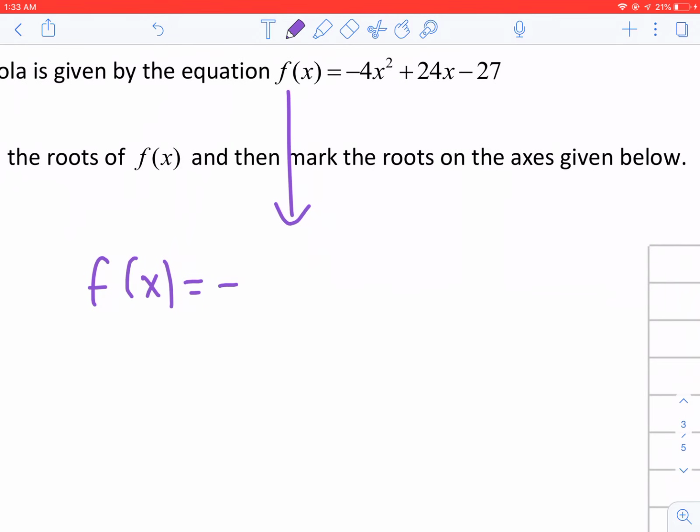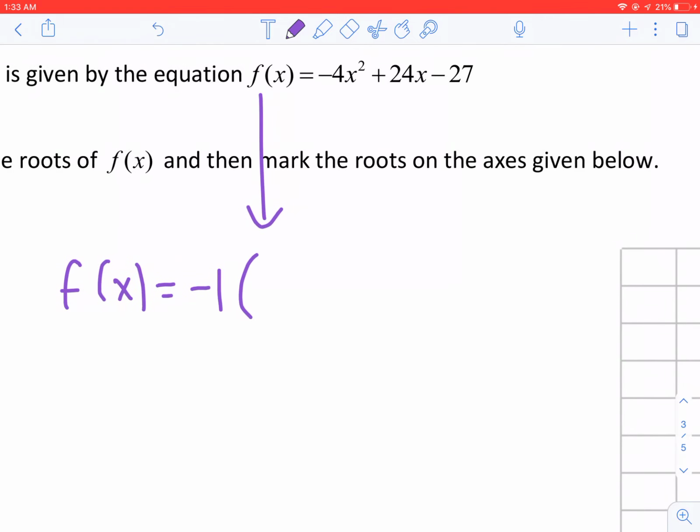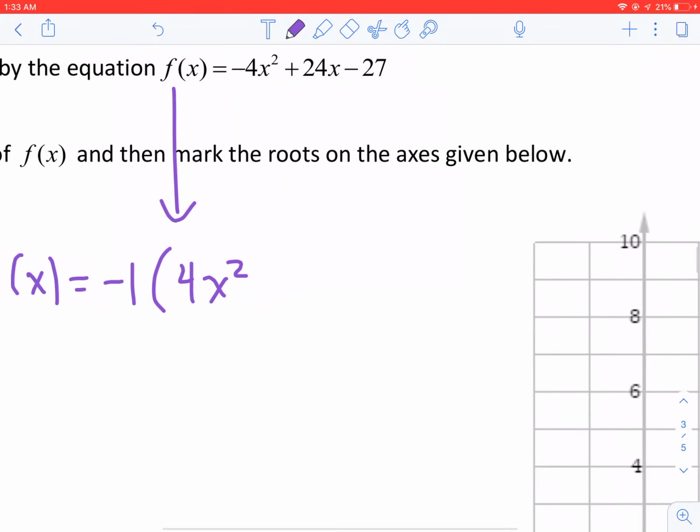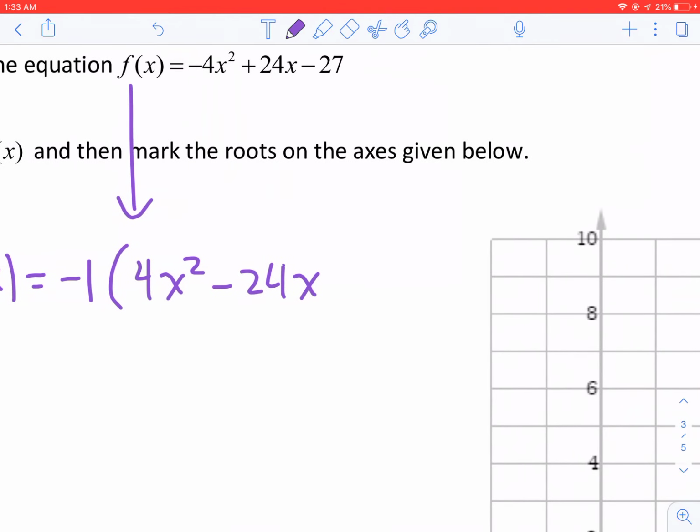To factor out a negative, I'm going to factor out a negative 1. If I factor out a negative 1, the negative 4x squared becomes positive 4x squared, the positive 24x becomes negative 24x, and that negative 27 becomes plus 27.